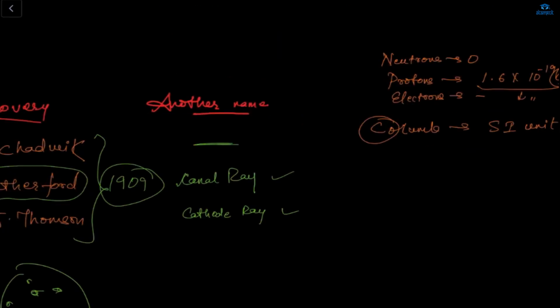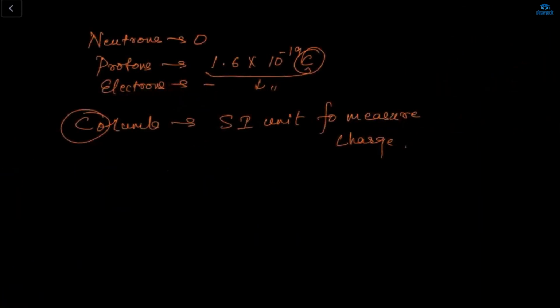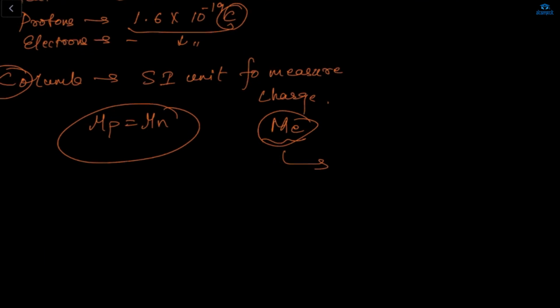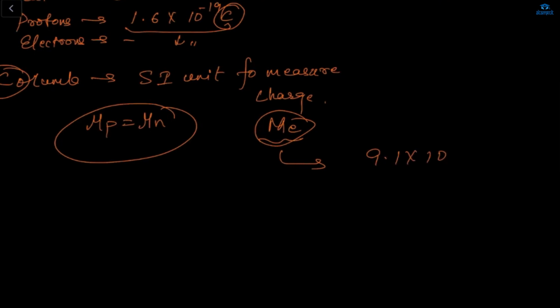As we already discussed, we always use the mass of proton and the mass of neutron. We never use the mass of electron because it is very small, around 9.1 into 10 to the power minus 31 kg. The mass of proton and the mass of neutron is 1.67 into 10 to the power minus 27 kg.